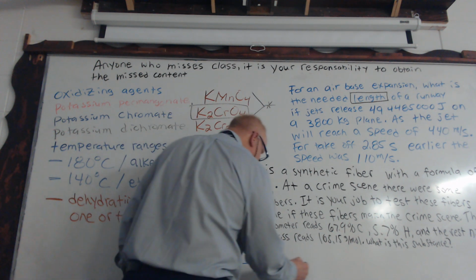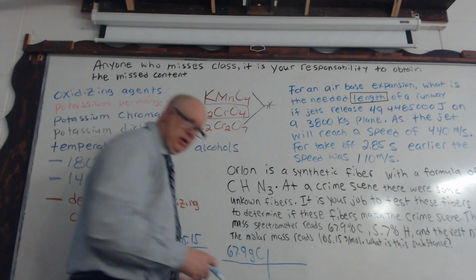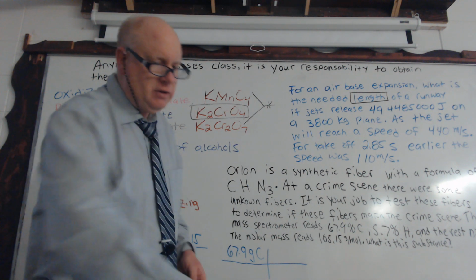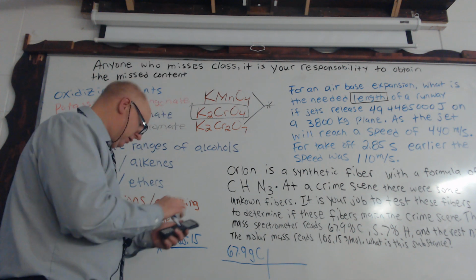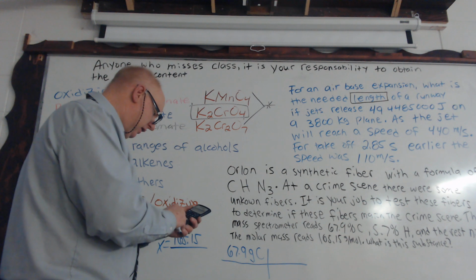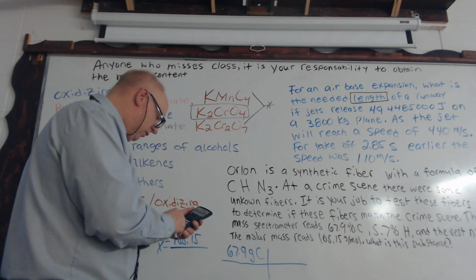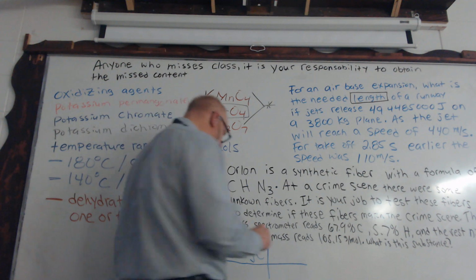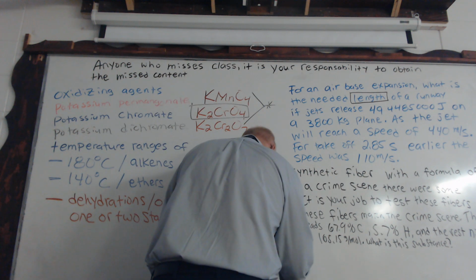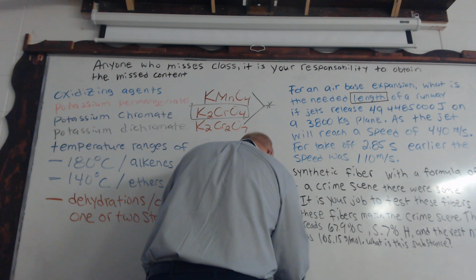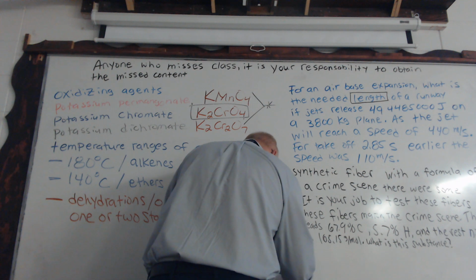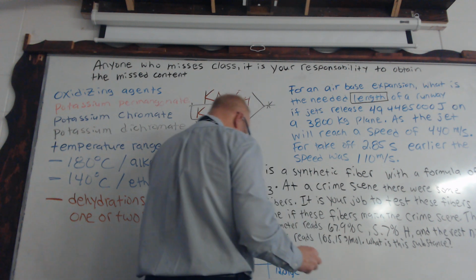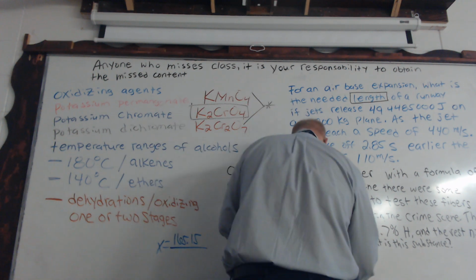So we're just going to change that to moles. You take your calculator, 67.9 divided by 12.01. For every mole of carbon you have 12.01 grams of carbon, which gives you 5.65.